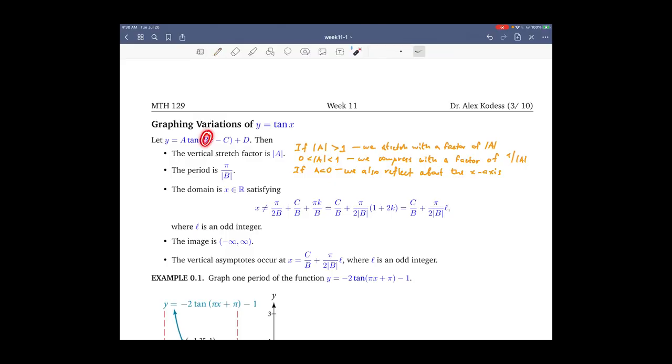B, the factor in front of x inside the tangent function, corresponds to horizontal stretch or compression. So if b is greater than 1, we compress horizontally.